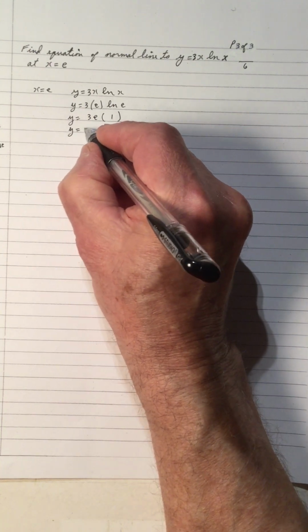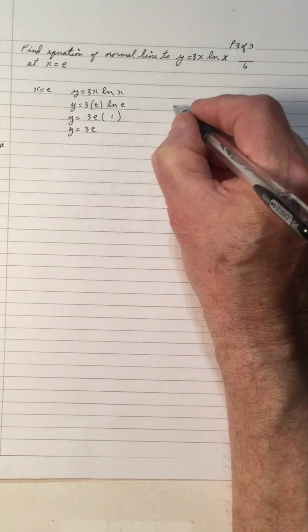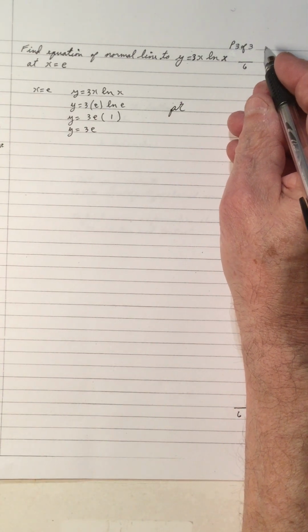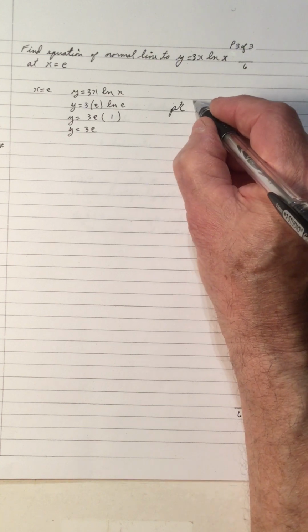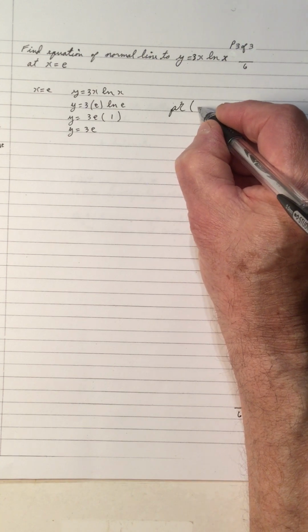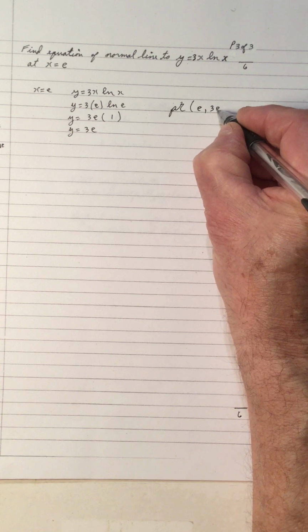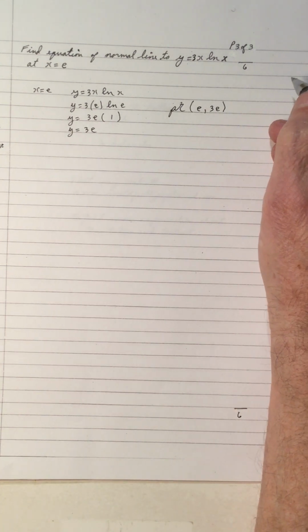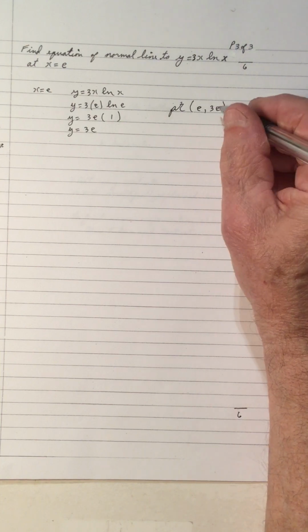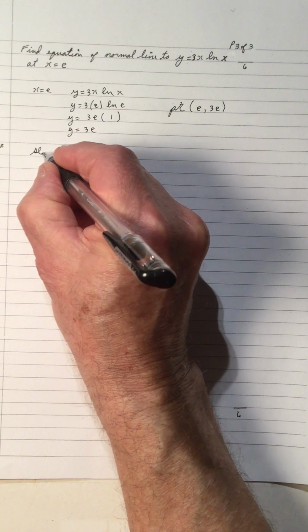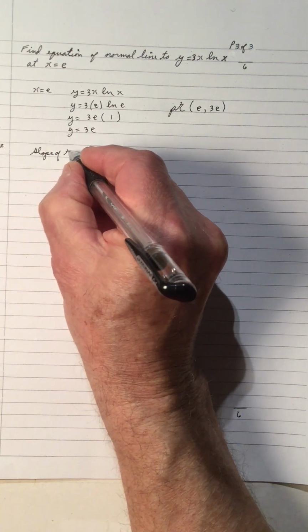So y equals 3e. So the point that the tangent is going to pass through is x is e and y is 3e. Now we have the point, but we need the slope. So let's get the slope of the tangent.